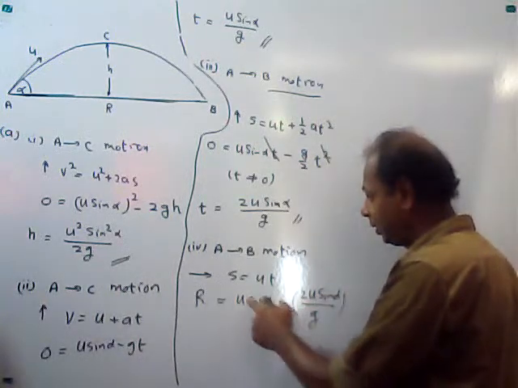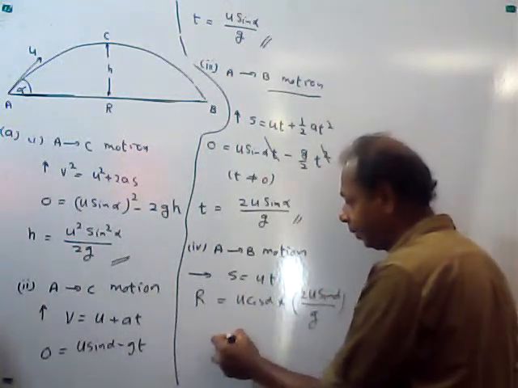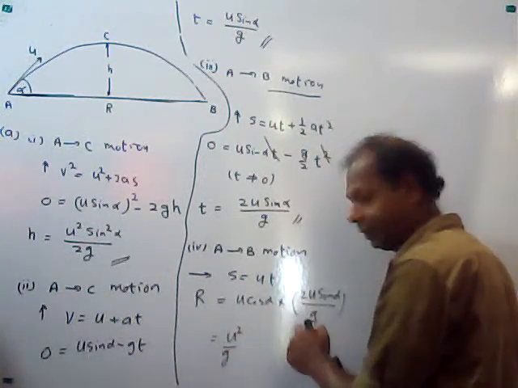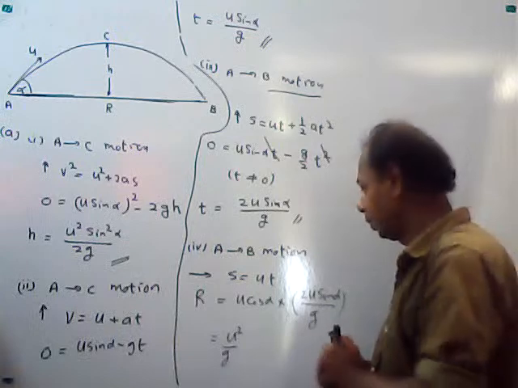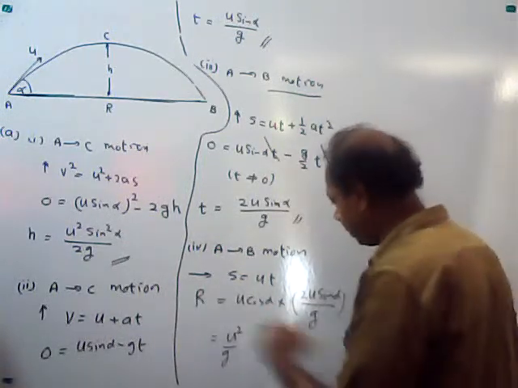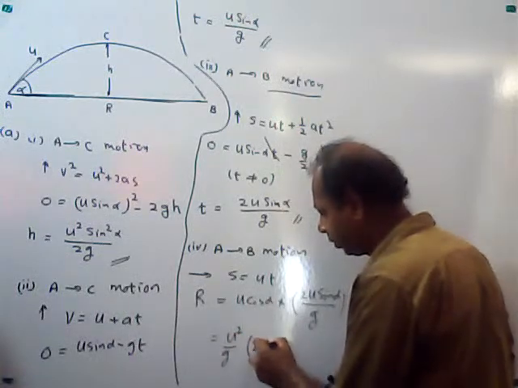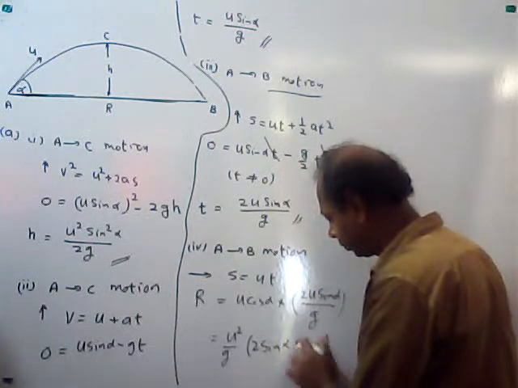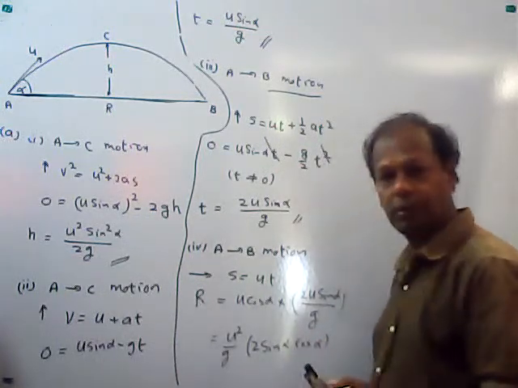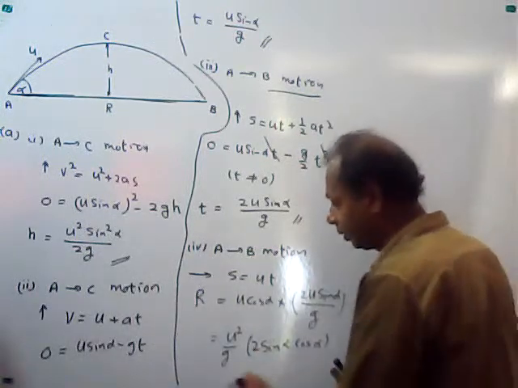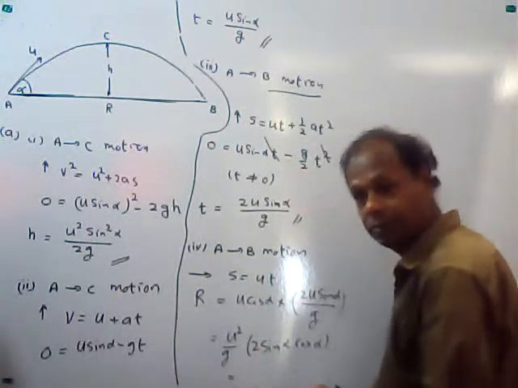So we see u squared is there. I'll take it out to the front. u squared over g. Then you see 2 sin alpha cos alpha. Usually we don't leave it like this. Instead, the identity should come into your mind.